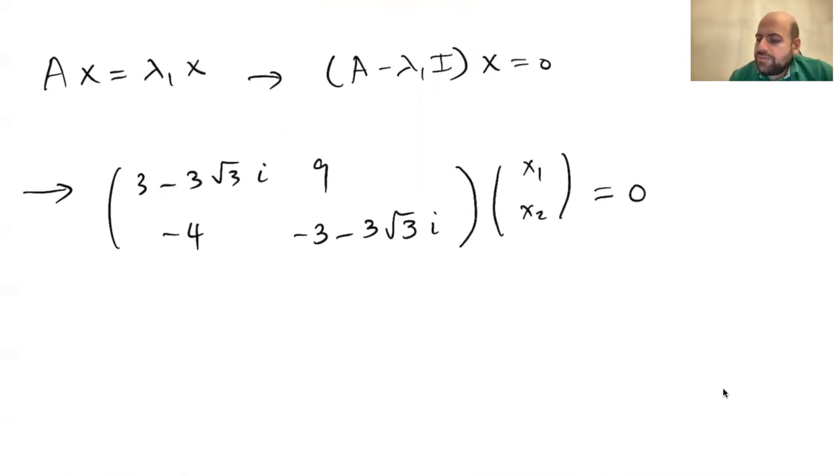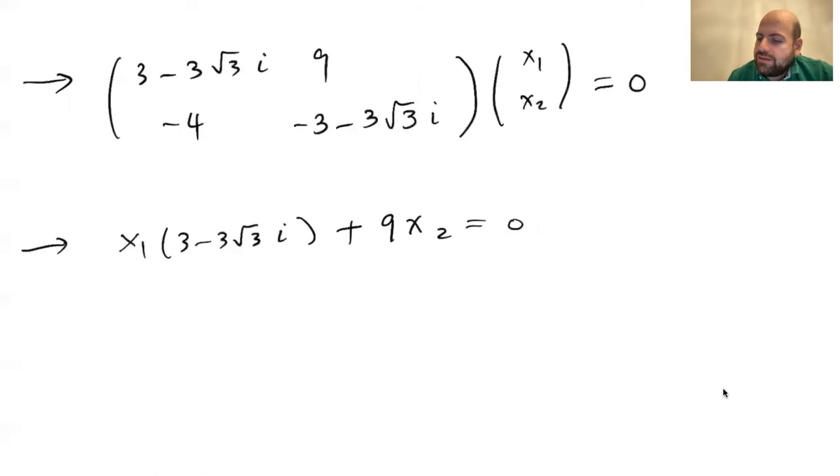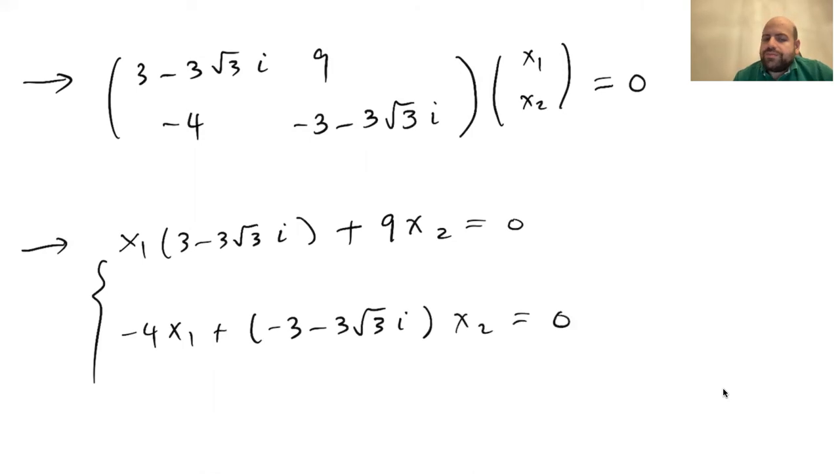This will give me x1 times 3 minus 3 root 3i plus 9 x2 equals 0, and also minus 4 x1 minus 3 root 3i x2 equals 0.